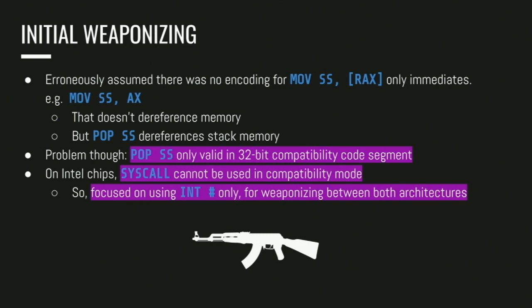Unfortunately, POP SS in AMD64 and Intel's version of 64-bit code is not valid in their 32-bit compatibility code segment. And on Intel chips, SYSCALL is not valid. The reason that's important is we wanted to use a user mode stack when we execute SYSCALL.